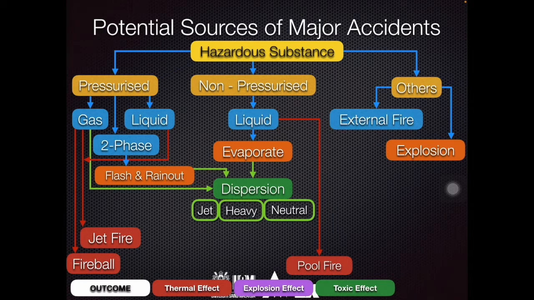Or it can be a neutral dispersion if the density of the vapor is the same as the air or lighter, so it will disperse into the atmosphere. However, if it's a dispersion of a flammable material and it's ignited, it can cause two possible events, which is a flash fire or a vapor cloud explosion.